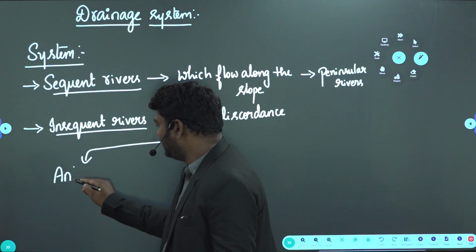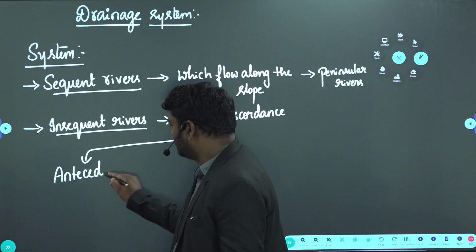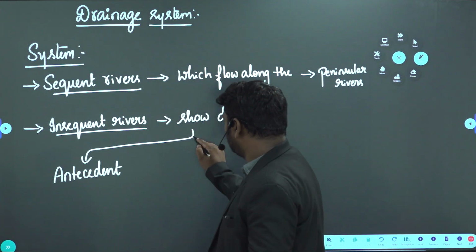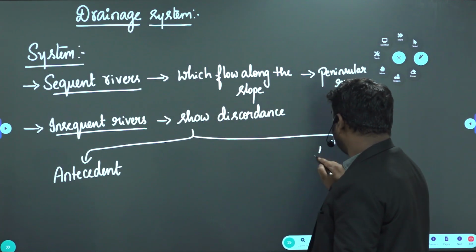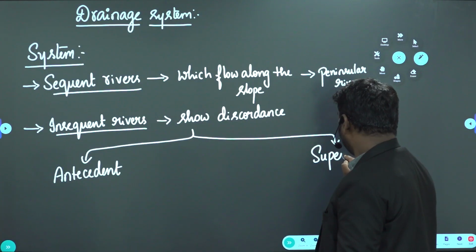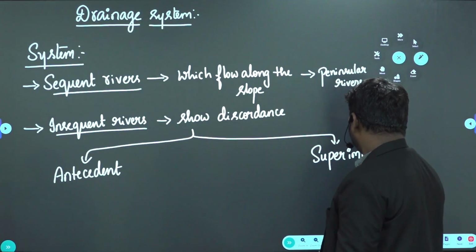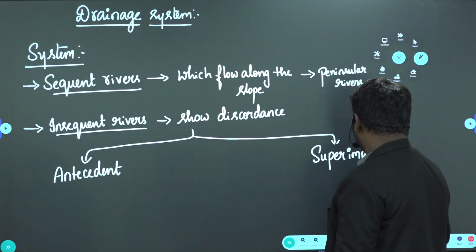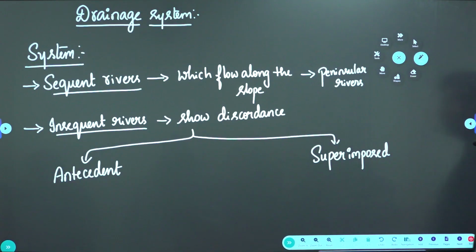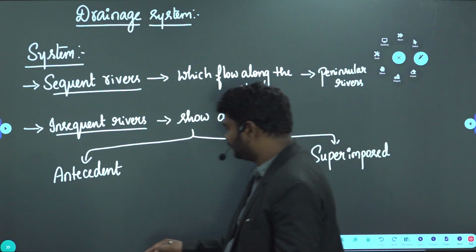And this can be antecedent river or superimposed river system.